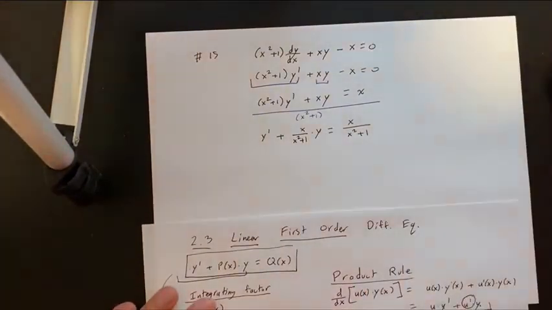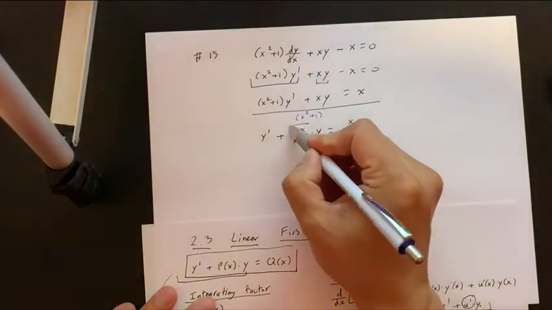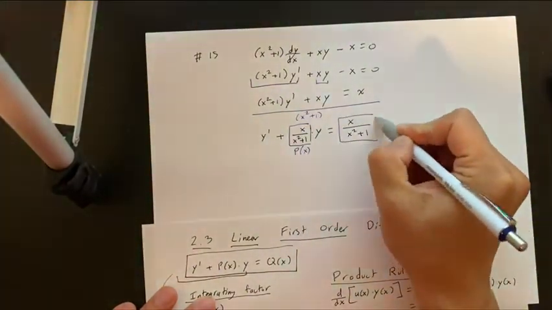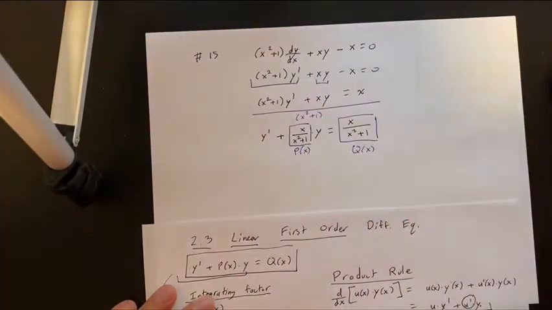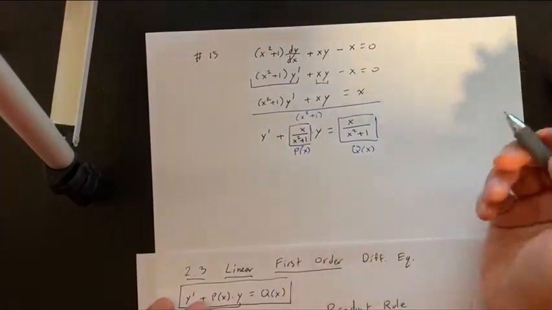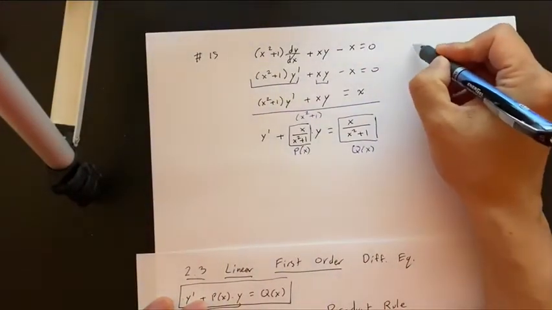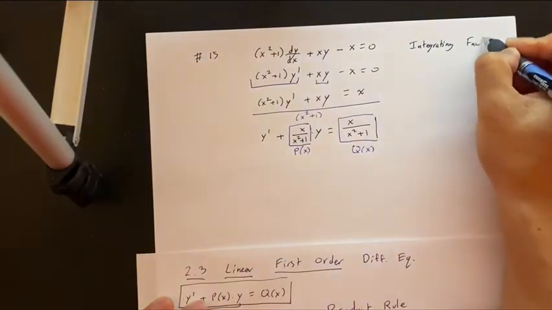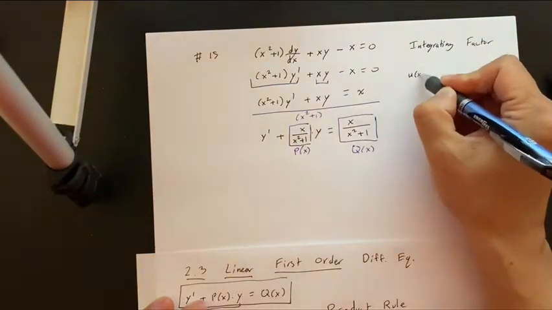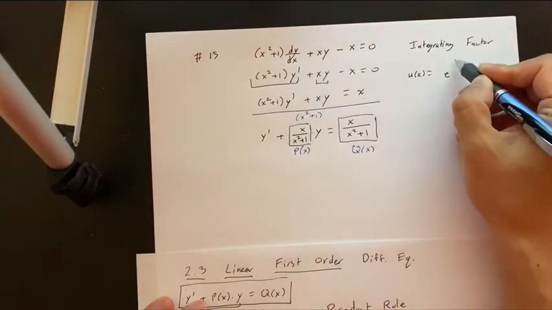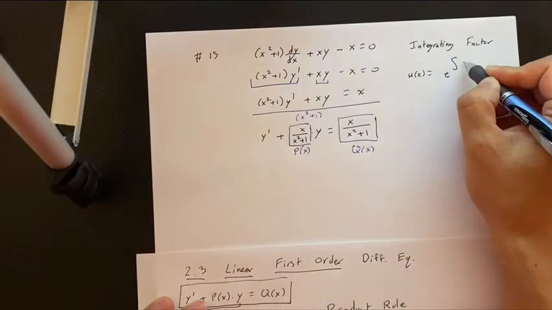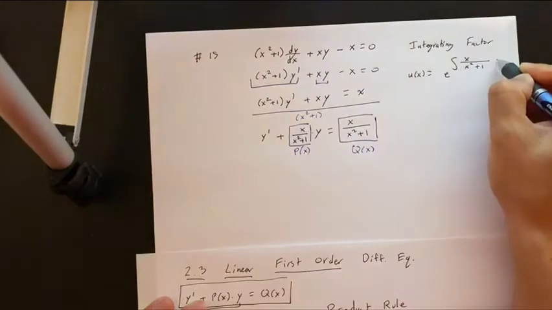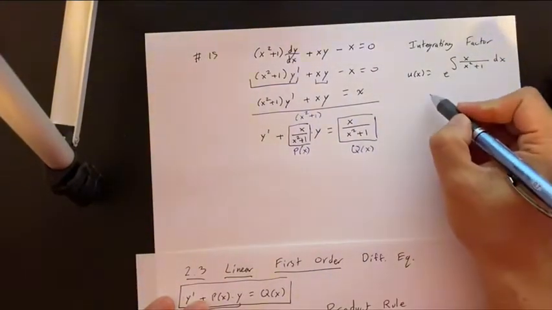Okay. So now that it's in standard form, I'm going to identify this as my p of x, this guy as my q of x, and we're just going to apply the formula of the integrating factor, where u of x is going to be equal to e to the integral of p of x, which is x divided by x squared plus 1 dx.